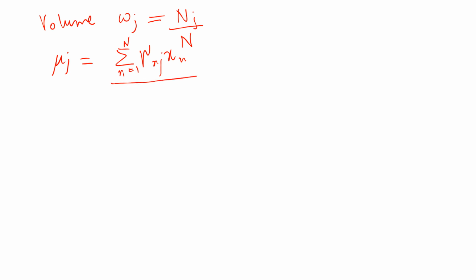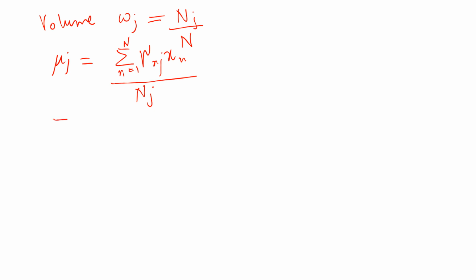And then it has to be 1 over n of j. Essentially, this can come out as well, and it has to be outside the summation. So this is the average for some bump j.